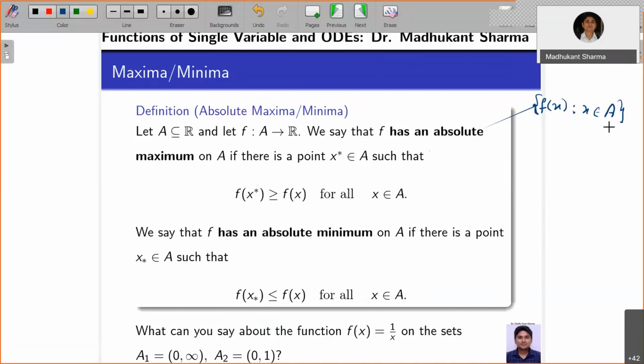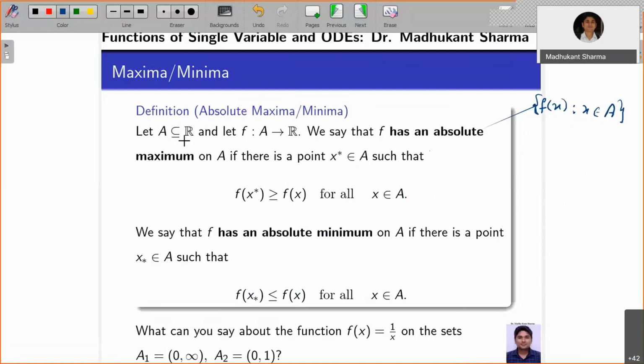Once the function is continuous and the set A is a closed interval I, both the infimum and supremum will exist at some point inside A. So that supremum and infimum become the absolute maximum and absolute minimum for the set A. So here is the definition.